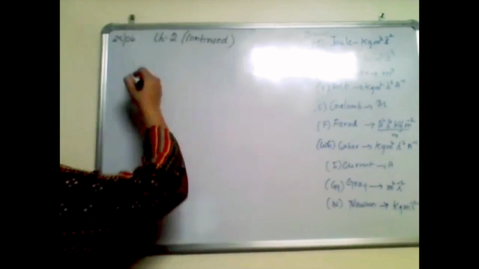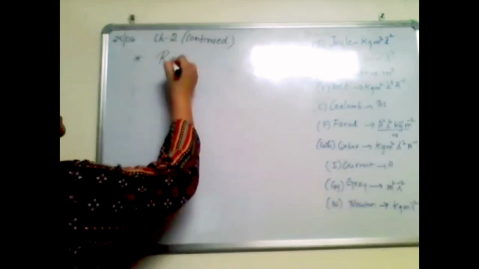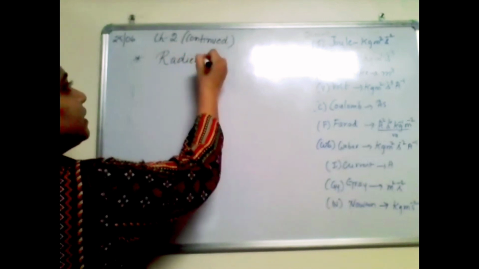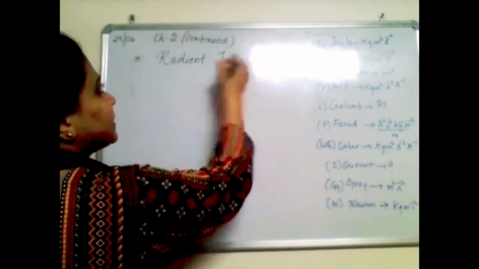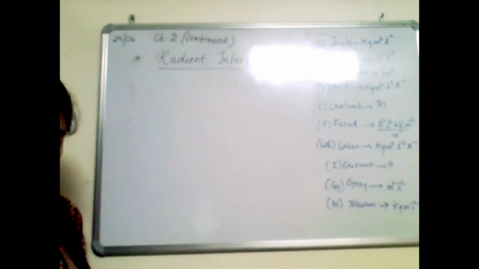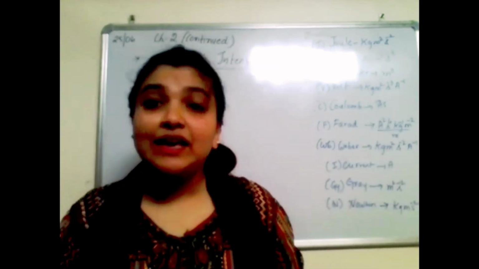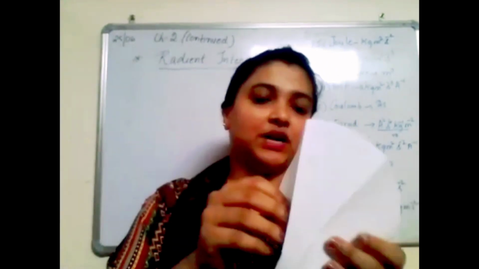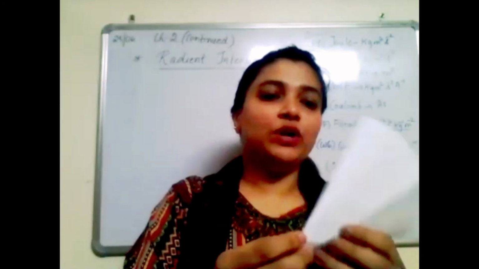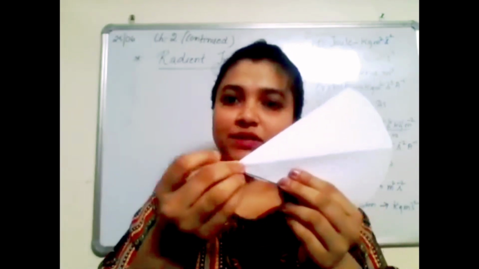Next, radiant intensity. Before I go ahead with radiant intensity, what is a solid angle? Suppose this is a circle, right? Circle is a 3D figure. Now, on this circle I will make a cone. I have prepared a cone on this circle.